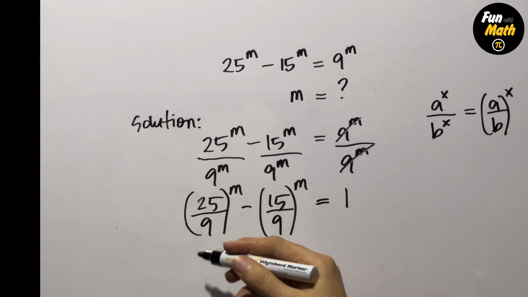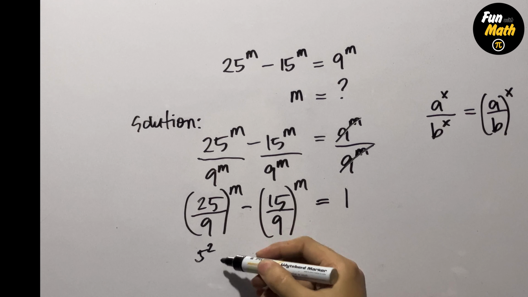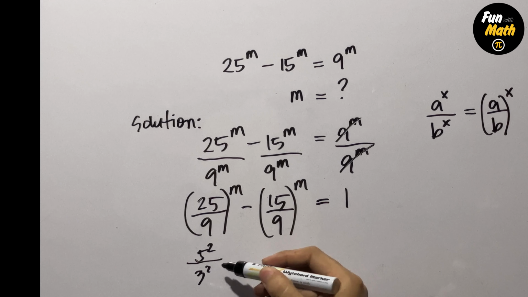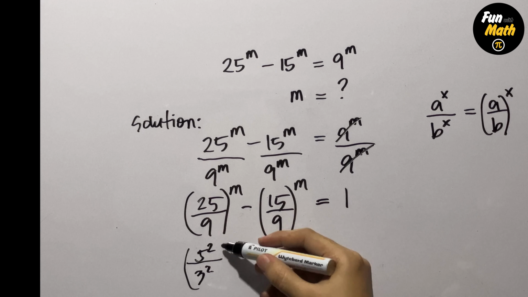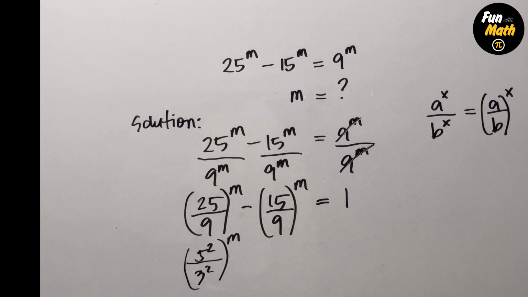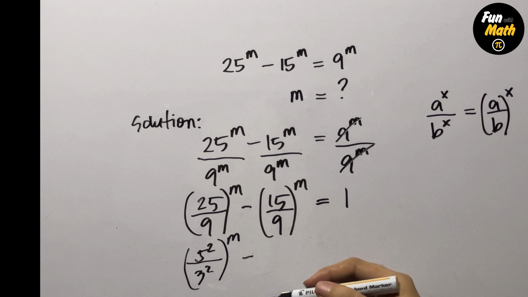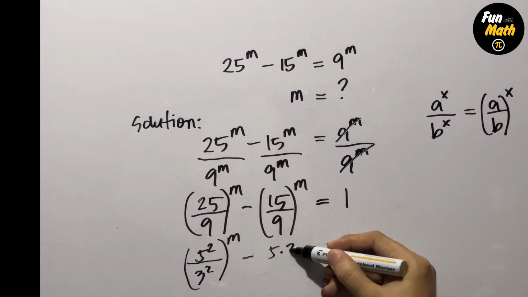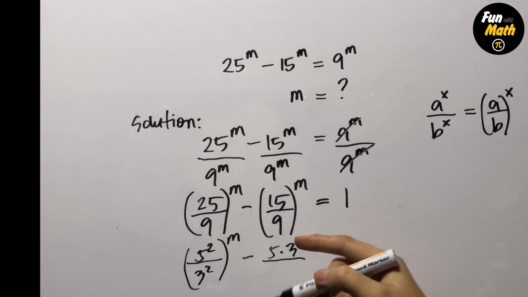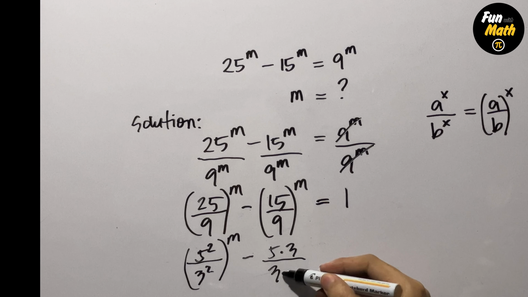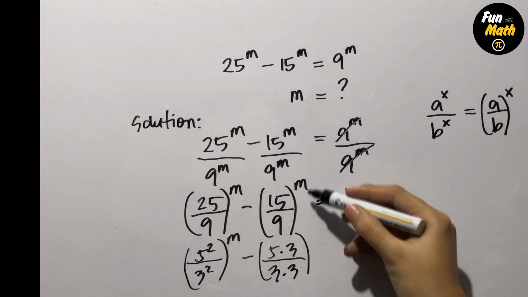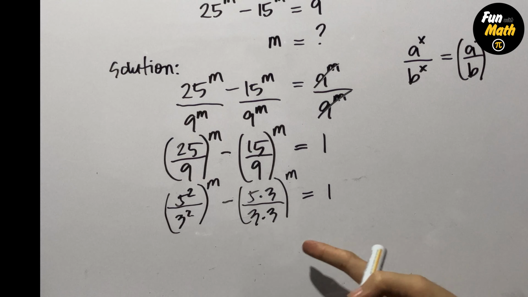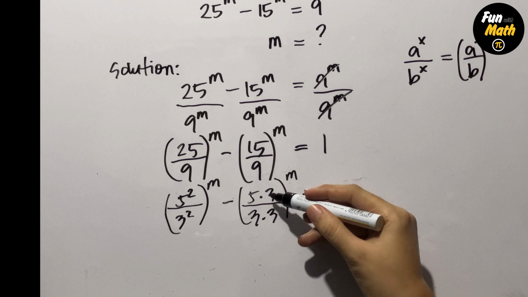For 25, we can write it as 5 squared, and for 9, we can write it as 3 squared, then whole to the power of m, minus 15, we can write it as 5 times 3, over 9, we can write it as 3 times 3, whole to the power of m equals 1. And then next, for this, 3 over 3, we can cancel.